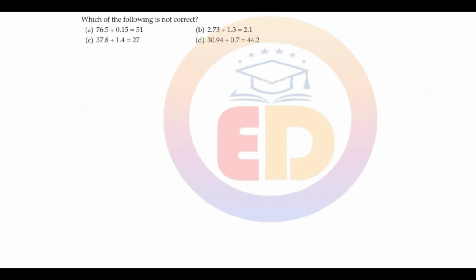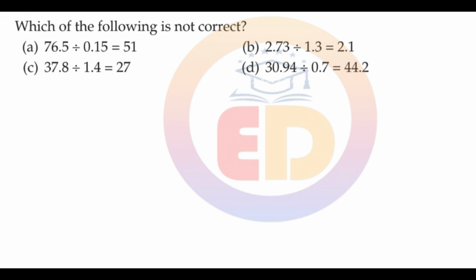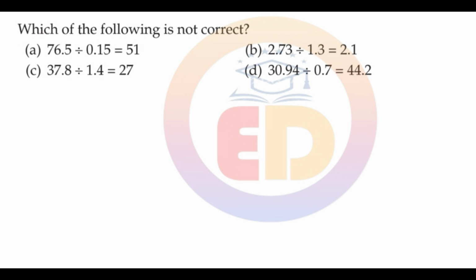Let's go to the option number D. 30.94 divided by 0.7. 30.94 has two decimal places.